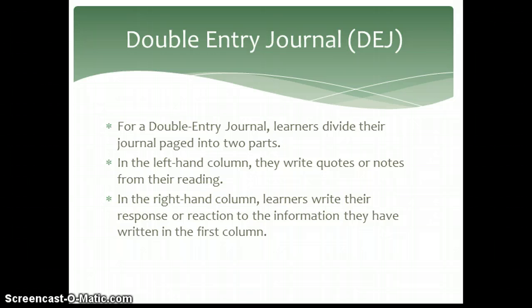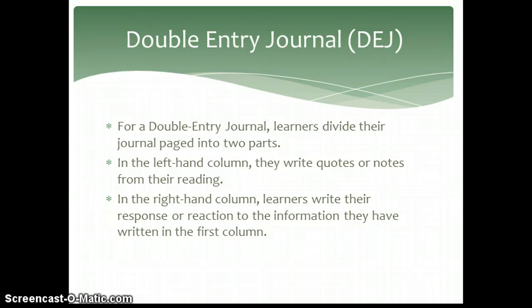So a double entry journal, they essentially just divide that journal page into two parts. They can fold it, they can draw a line. In the left-hand column, they would write quotes or notes from their reading. This is a little bit different because you don't necessarily give them a direct prompt, but they're pulling out the material or the notes from their reading, and then in the column next to it, they would write their response or reaction to the information that they've written in the first column.